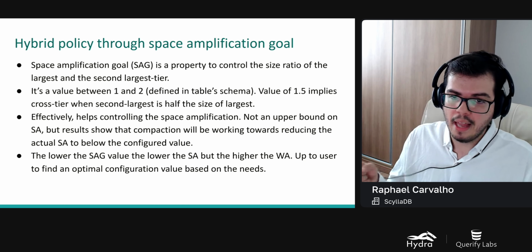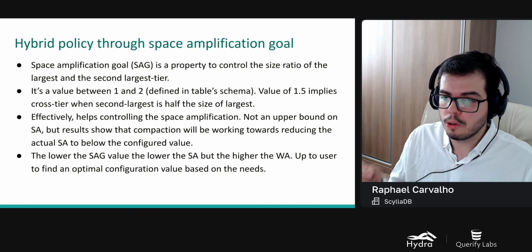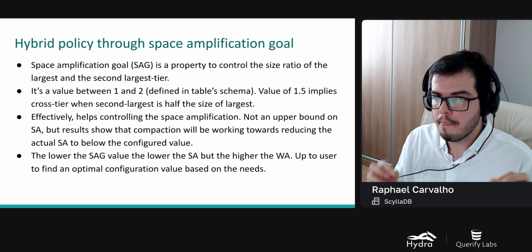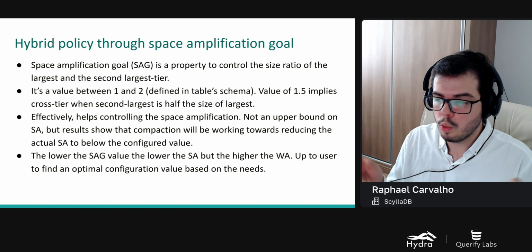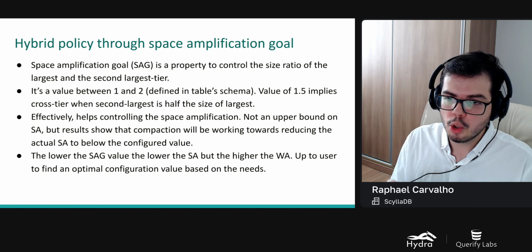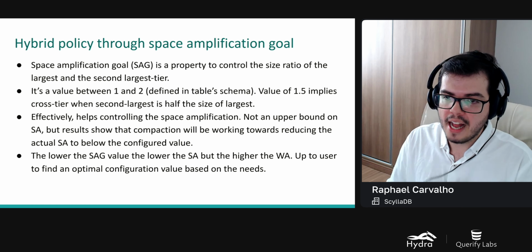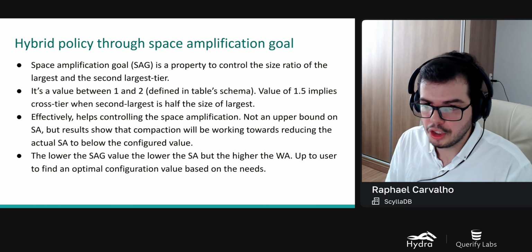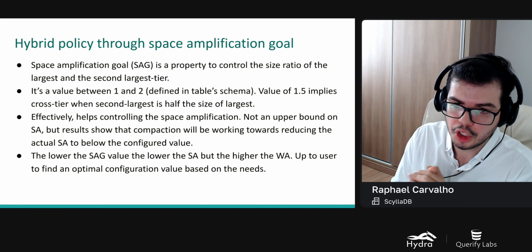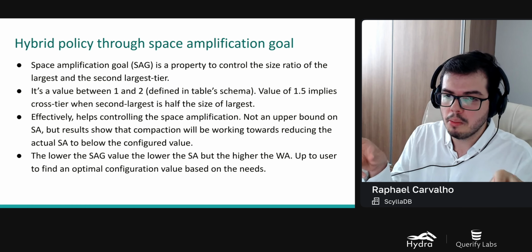So that's why I say that the hybrid compaction policy is implemented through space amplification goal. You can set the space amplification goal, which also correlates with the size ratio. It's a value between 1 and 2. So a value of 1.5 implies cross-year compaction when the second largest level is half the size of the largest level. It helps control the space amplification.